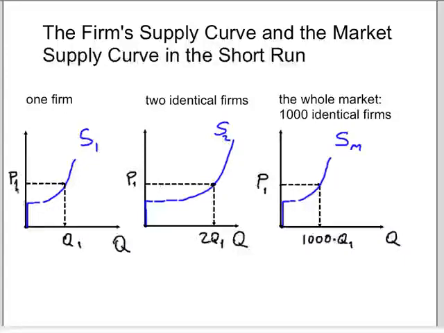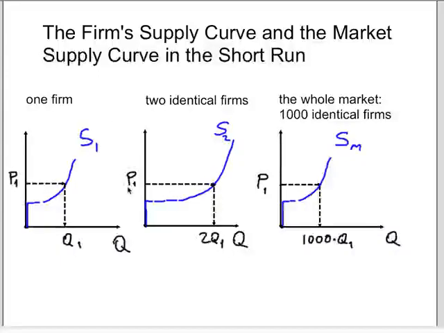If the price is above minimum average variable cost, then we just have to follow the marginal cost curve to figure out what would be the level of output of this firm, given this price. So if price is P1 and this is our supply curve, then we can find quantity supplied by looking at this Q1.